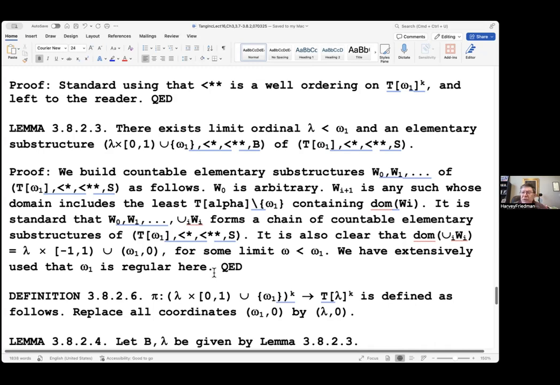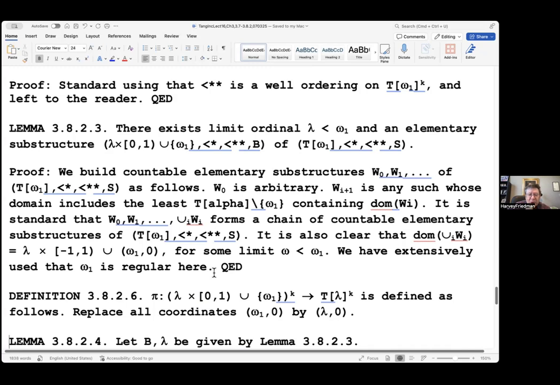Now, what we want to do here is use this greedy construction of length omega 1 and finally pull it down into the rationals. I put some care into how to set this up.